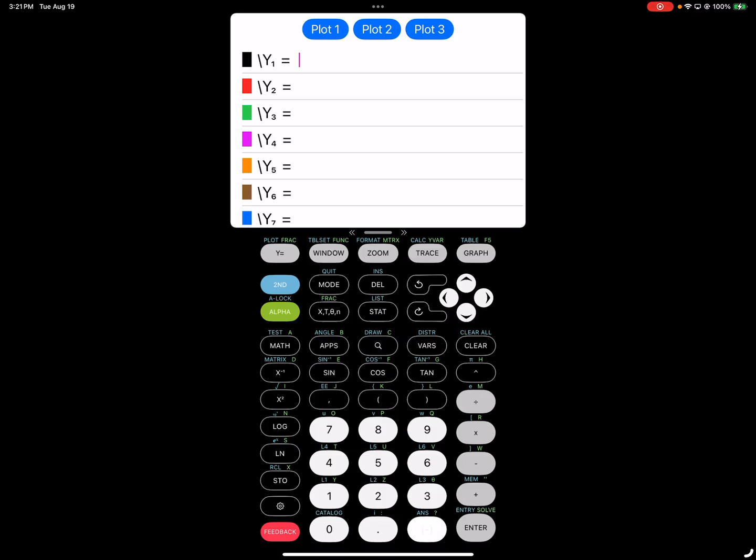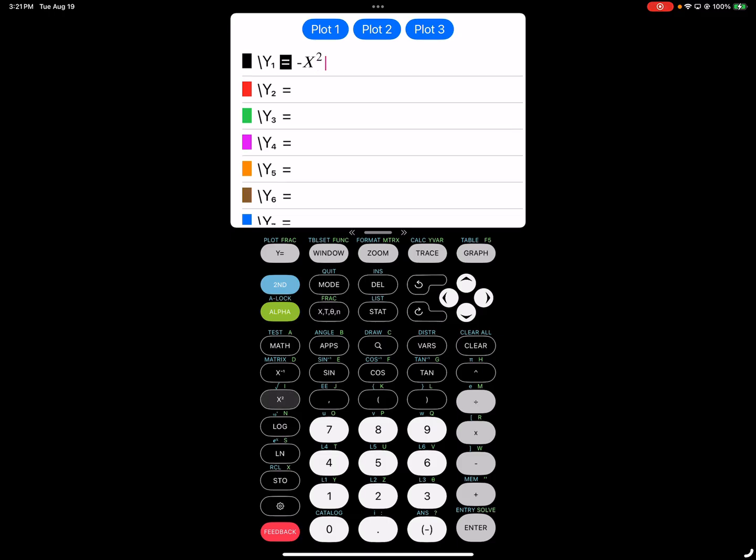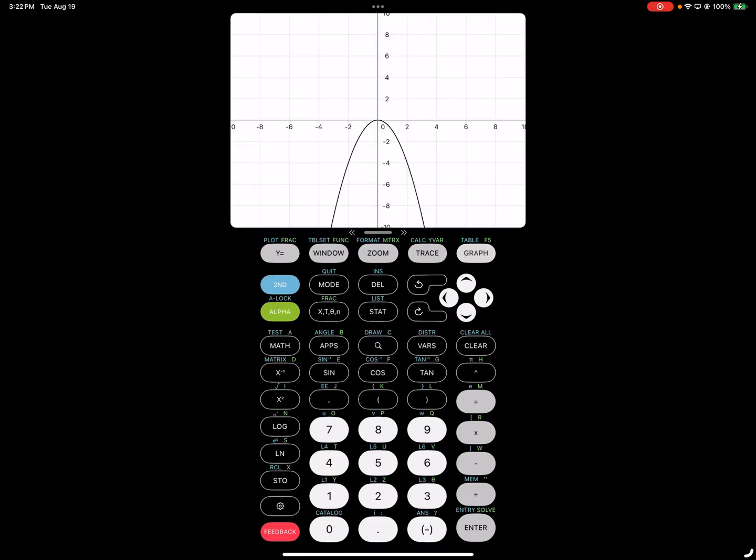So I'm going to show you on here, negative X squared. So get that in. You can put it in technically any of these, Y1, Y2, Y3, Y4. I could put like 10 graphs on here, right? I don't need to do that, but I could. And then hit graph. Graph's in the upper right-hand corner of your calculator. And then you see the graph we just had, right? Negative X squared. Y equals is right here, upper left-hand corner.